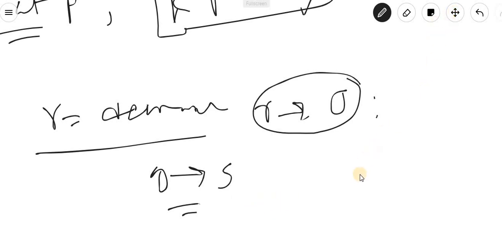So again you see this line, again I am repeating: with these conditions, if R tending to 0, then G tending to S, so that the equipotentials are smaller circles with their center more nearly at the line charge.